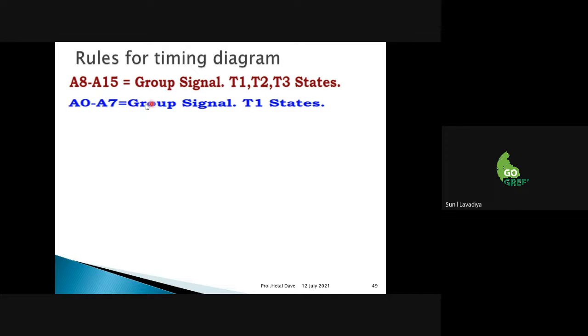A0 to A7 are also group signals, and they come under the category of the T1 state. As we discussed, ALE, address latch enable, always comes in the first T-state of every machine cycle. Then after it, it becomes a loop.